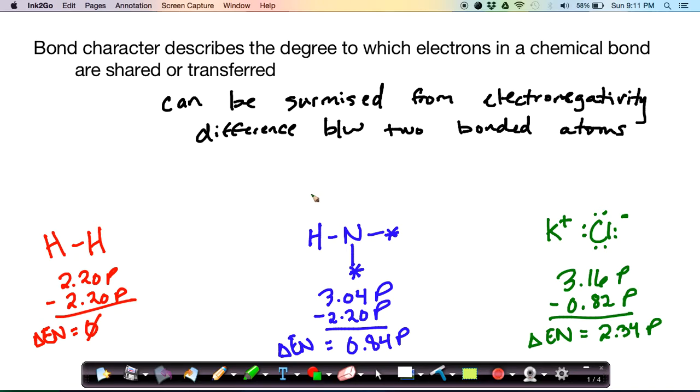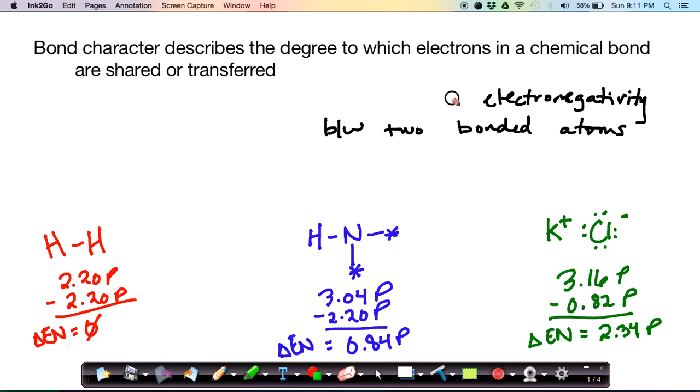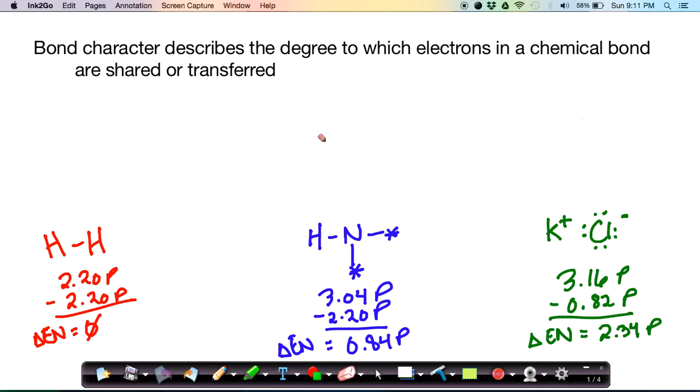And as I said earlier, we can determine the bond character of each of these three chemical bonds by looking at the electronegativity difference between the two bonded atoms. So how exactly are we going to do that? Well, the greater the electronegativity difference, the more unequally electrons in the chemical bond are shared, as a general statement.